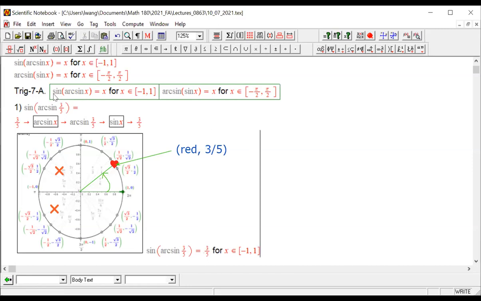So if you know how to apply this property, you didn't have to go through this process we just did. You can do it either way. You follow me? Of course, applying this property directly is easier. But you have to understand that this comes with a condition. The ratio has to be within the domain of ArcSine. Does everybody see that?